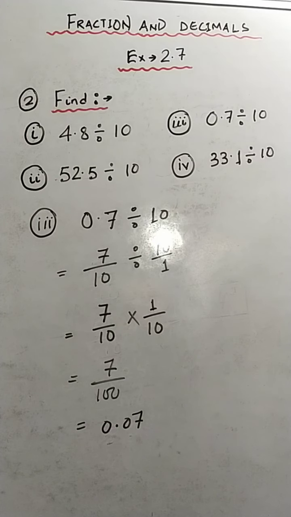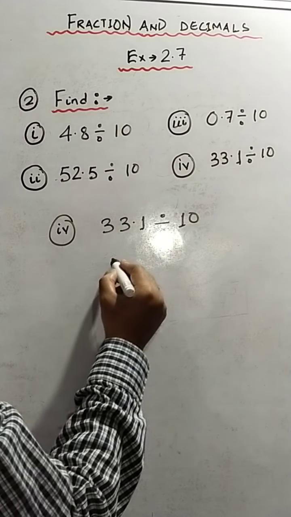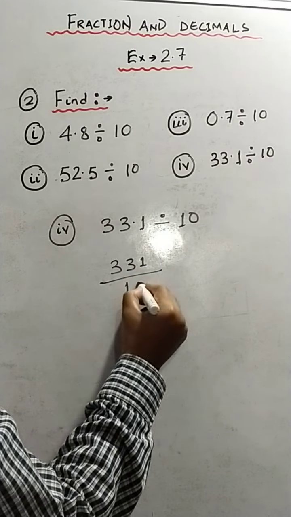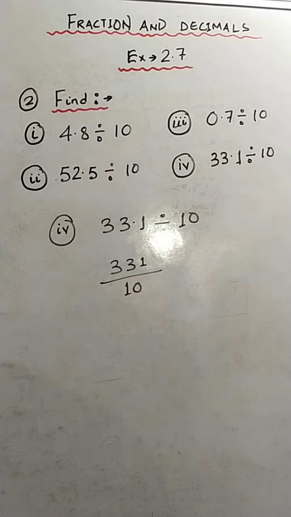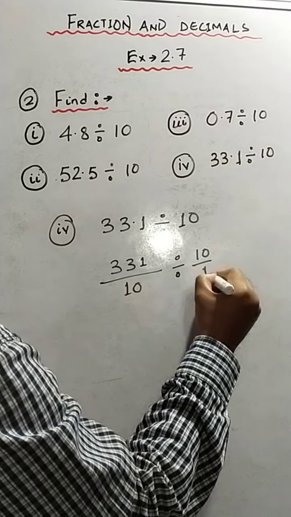So let's move on to the last sum of question number 2, which I will explain. That is sum number 4. Number 4, we have 33.1 divided by 10. So next step, yes, we'll convert this 33.1 into the fractional form. It will look like 331 upon 10 divided by 10 upon 1.